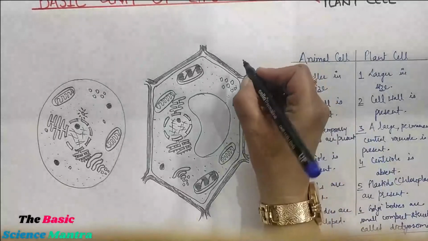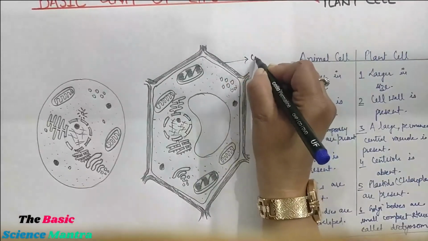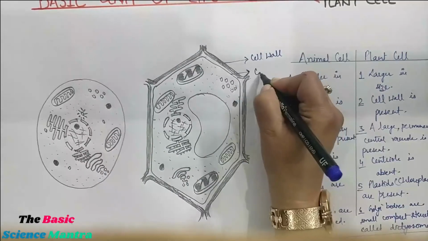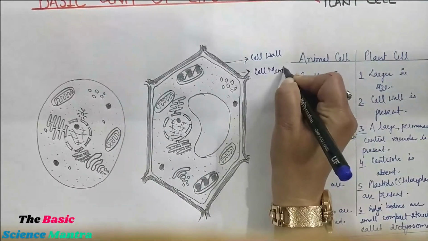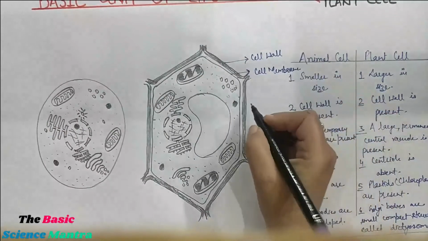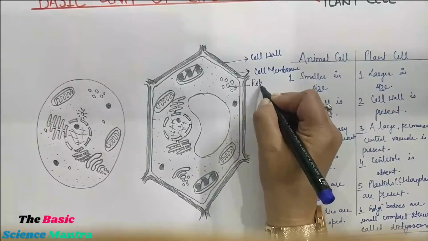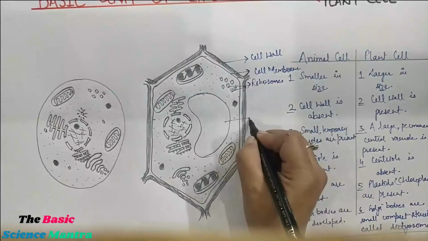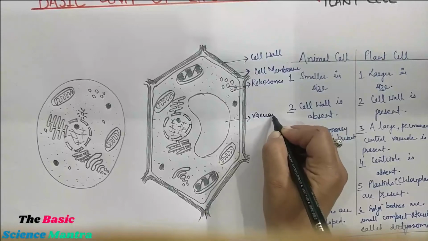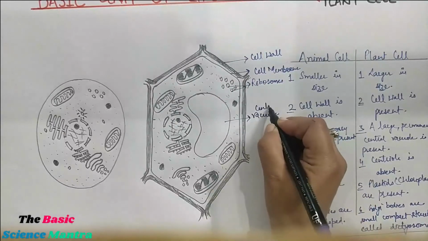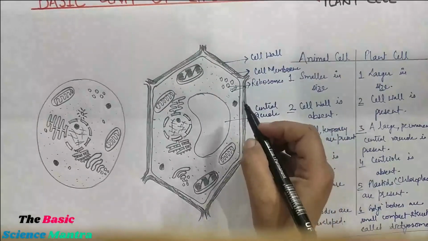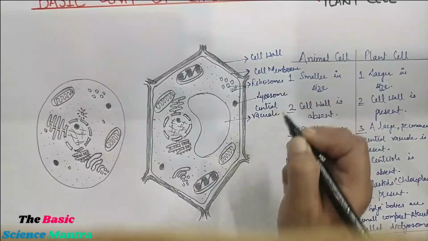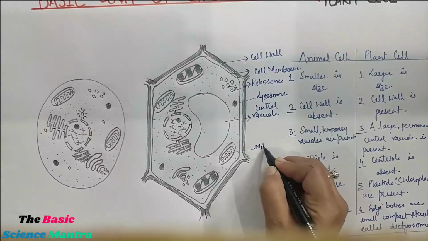See carefully, labeling. Cell wall, cell membrane, ribosomes. This is vacuole. You can also write it central vacuole. This is lysosome. This is mitochondria.